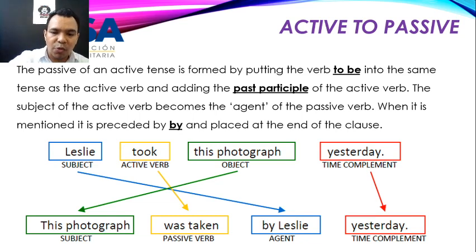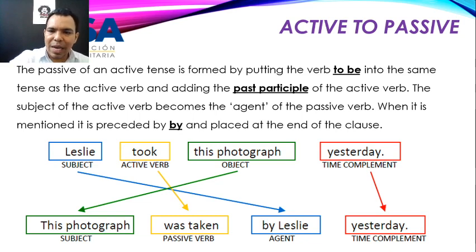When we want to transform this active sentence into a passive, we need to move the object, that is this photograph, to the beginning of the sentence. Now, I'm not going to say that this photograph took Leslie, because the photograph cannot take anybody. So this photograph goes to the beginning, and we need to transform the verb into a passive verb.